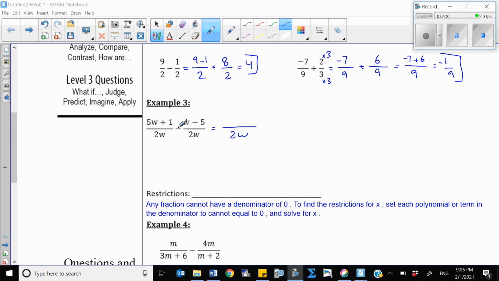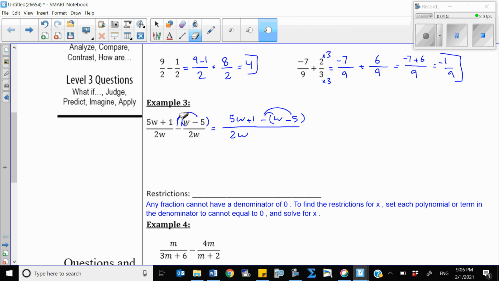Now simply we're going to do the operation on the numerators. 5w plus 1 minus the second numerator, minus w minus 5. Notice that this negative should be distributed to these two terms, because this is minus this whole fraction, not only w. So you need to distribute the negative to both of these.